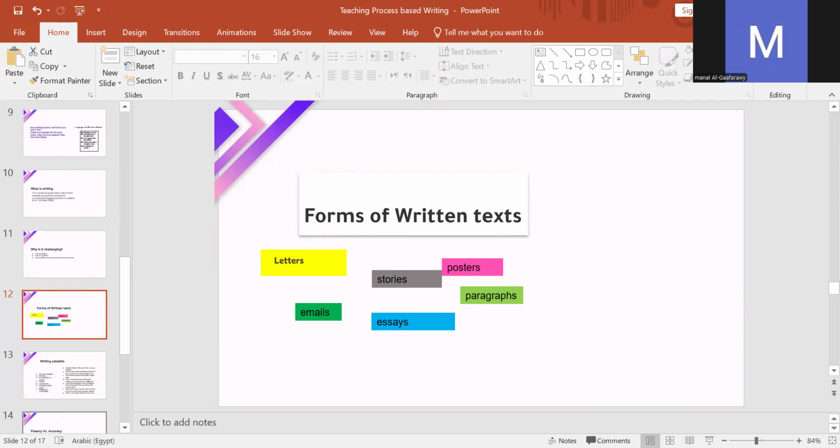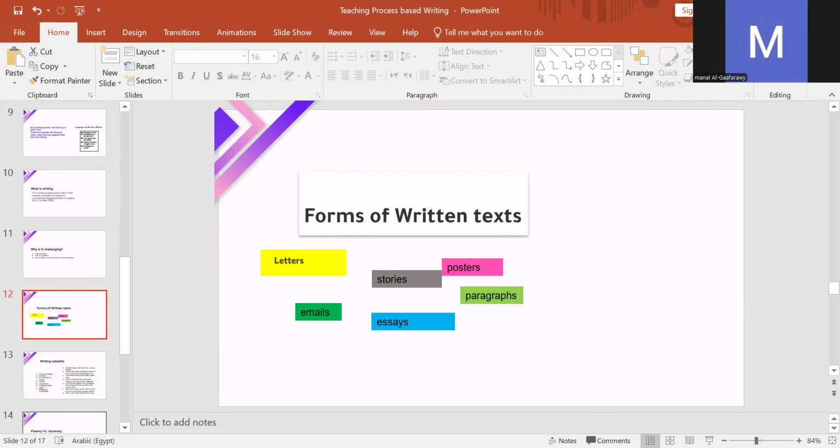And we have to teach our students what types of those texts are. So we may be required to write letters, or to write emails, or to write stories, posters, paragraphs, essays.